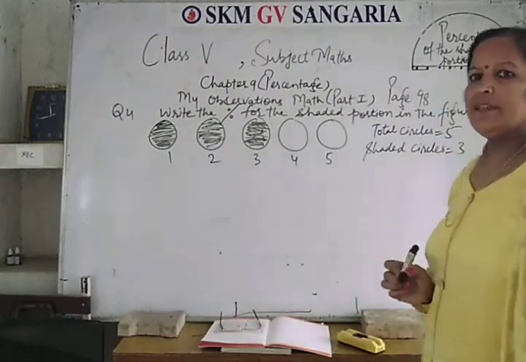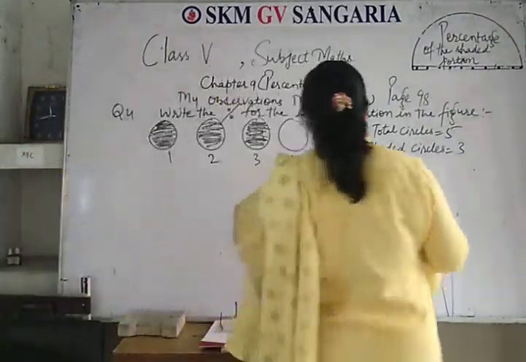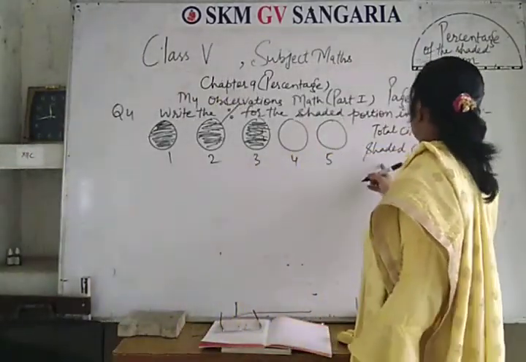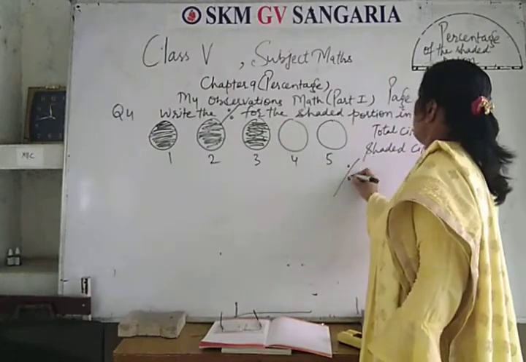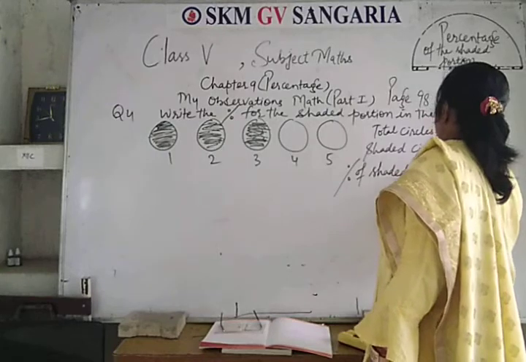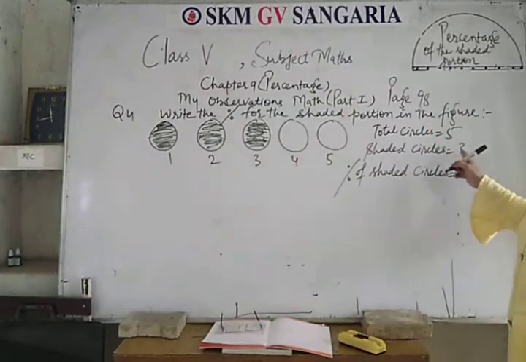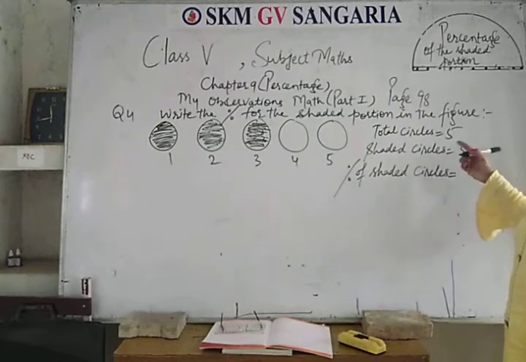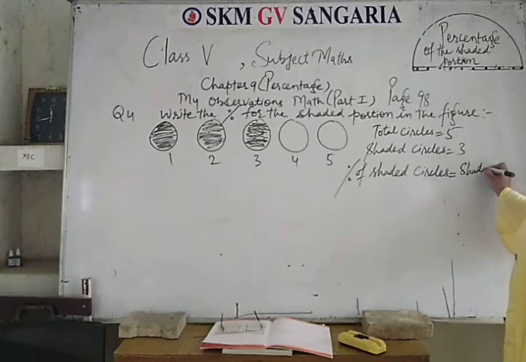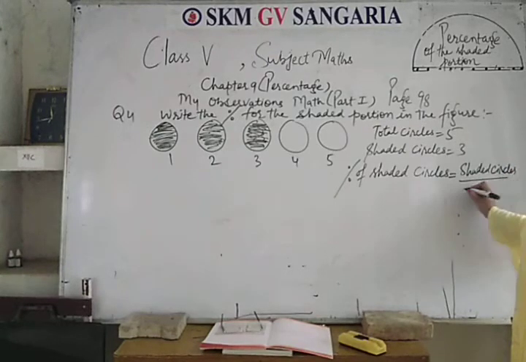Percentage of shaded circles is shaded circles divided by total circles.